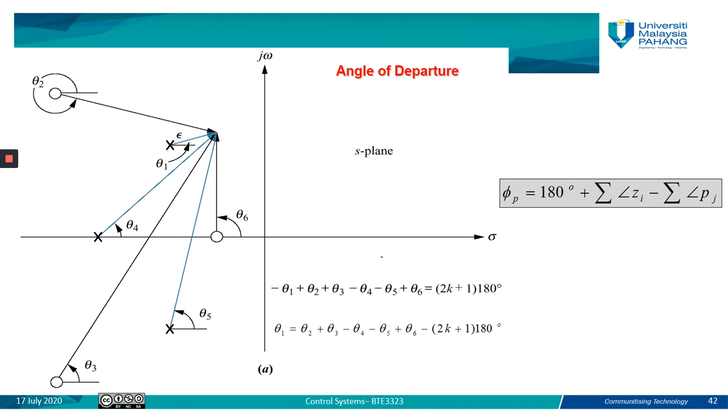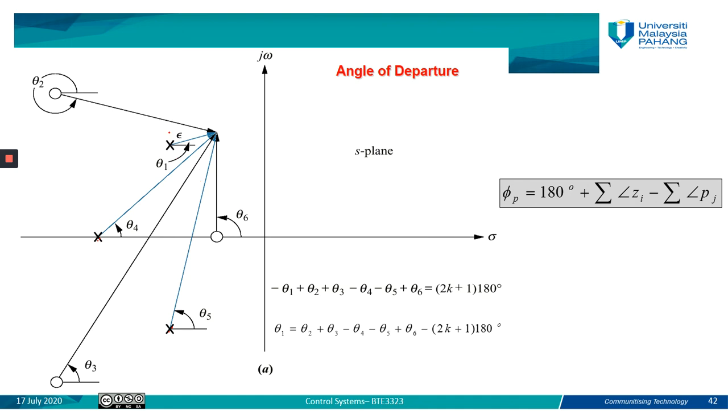This gives more detail on how the angle of departure and angle of arrival look. In this case, we have complex poles, and we have a real pole here. For this real pole, there is no need to find the departure and arrival angle. But for this pole, yes, we need to.